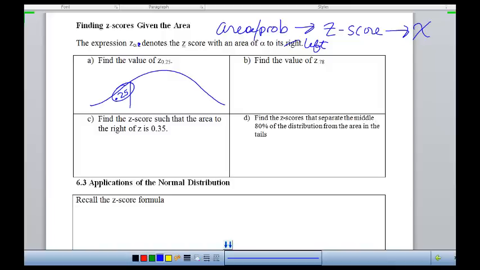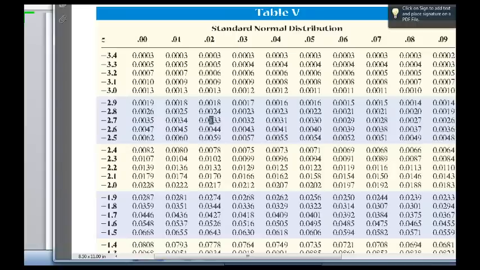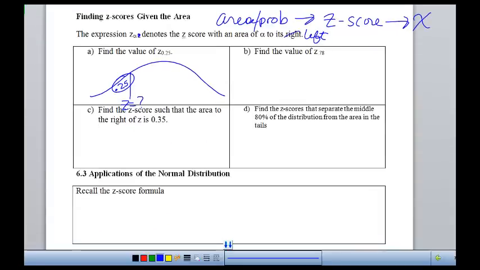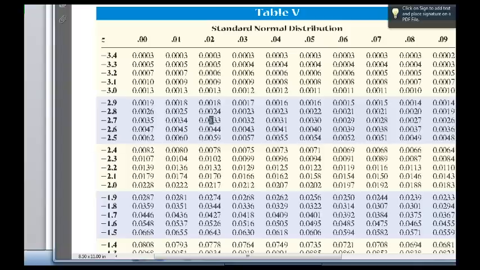So I want to find the z-value that describes this scenario. So what I'm going to do is go to my table. Since it's 0.25, I'm going to go to the first half of the table. And I'm going to scan through my areas, not the z-values, but the areas, until I get as close as possible to 0.25. Where's my table?